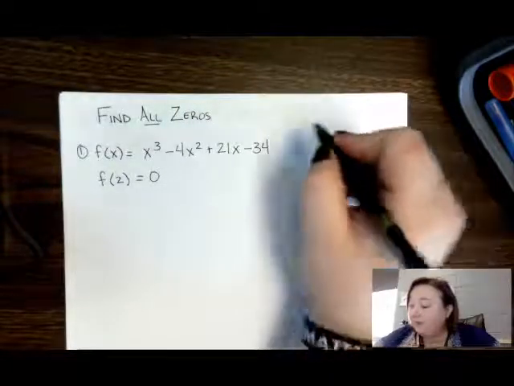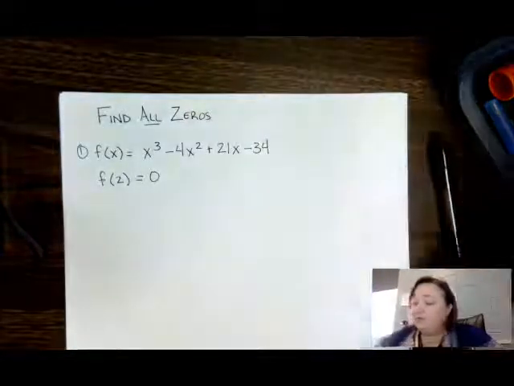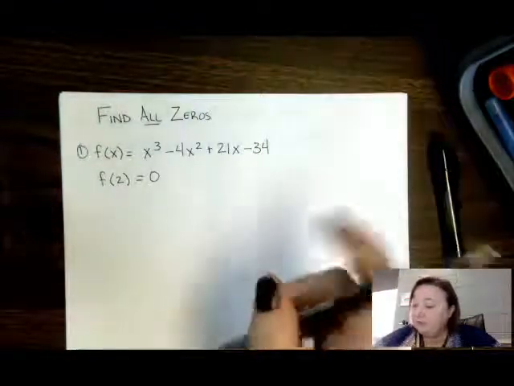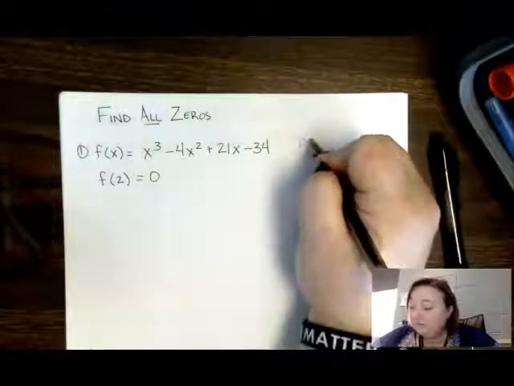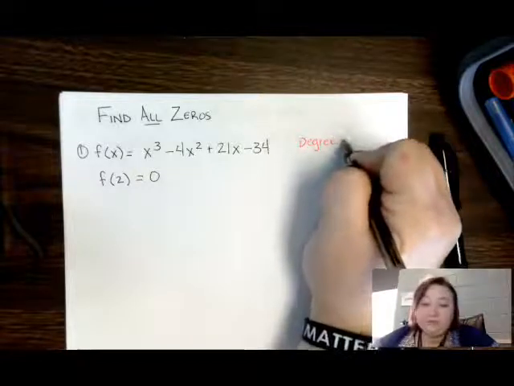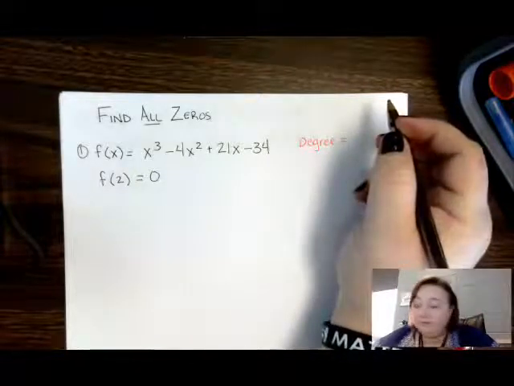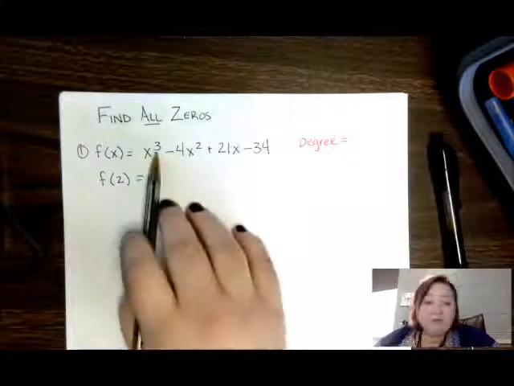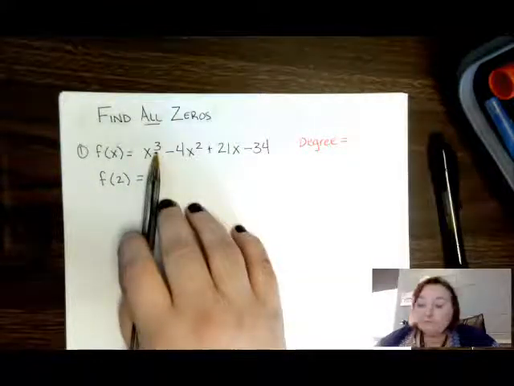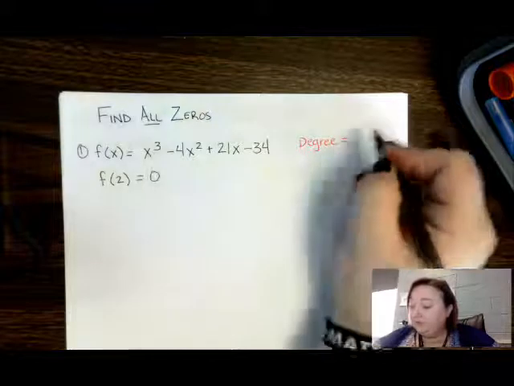So if we look at this function, we recognize that the degree of this function is 3 because the highest exponent here is 3. So that means the degree is 3.